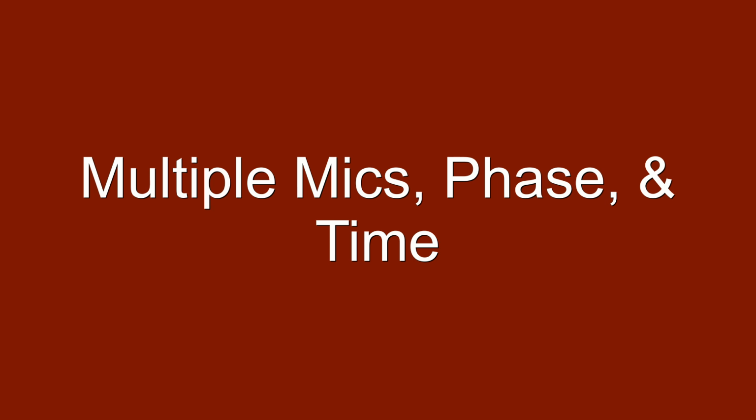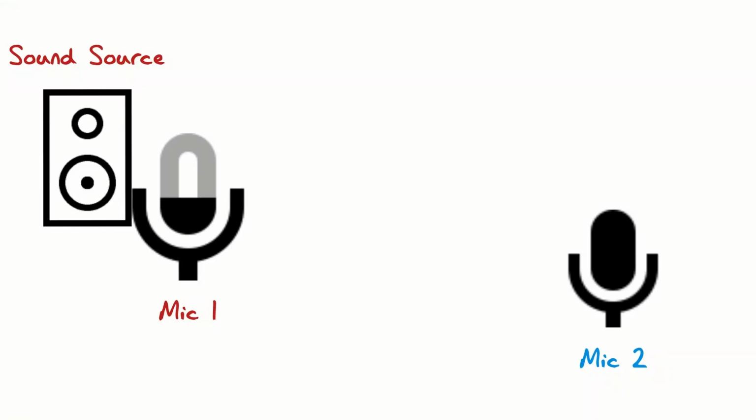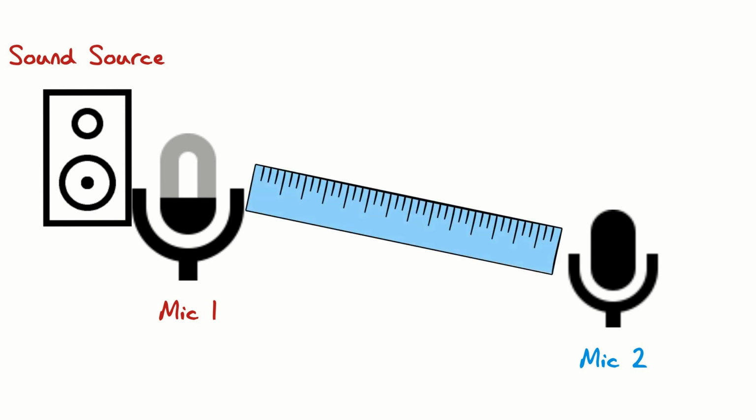Phase can be defined as the time relationship between waves when the waves are combined. But what does this mean for us in the studio? Well, imagine this scenario. You have a sound source and you have two mics in the room. Both mics are aimed at the sound source, but one mic is about a foot further back, or about 30 centimeters further back.